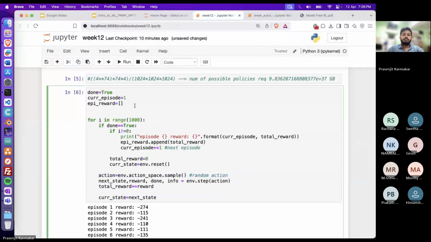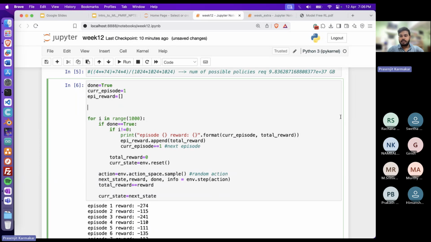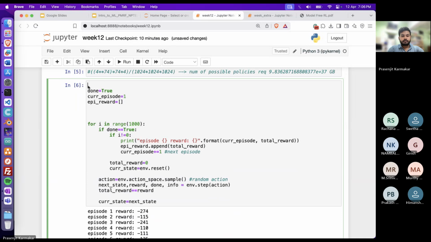Now let's start with a random policy. Okay, so now we are implementing the SARSA algorithm. Let's write at the top, SARSA algo.